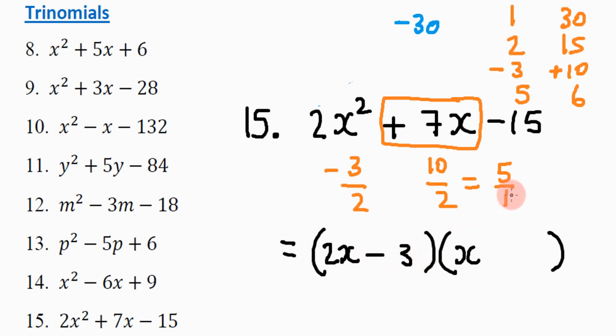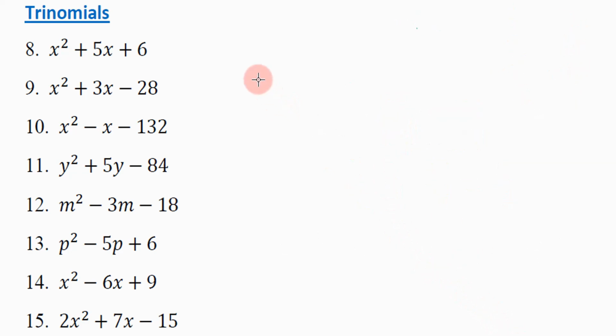And then above the 1 here we have a 5, so that will go into the second set of brackets. We do a final check. 2x times x will give us 2x squared. Negative 3 times 5 will give us negative 15. Then we have negative 3x plus 10x, which will give us positive 7x. Let's look at number 16.